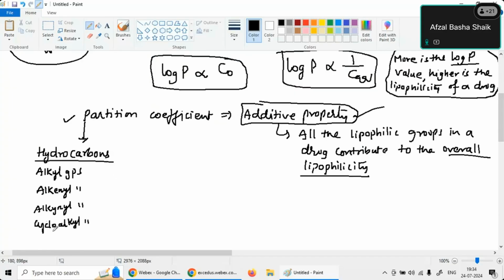Yes or no? Cycloalkenyl groups. Just now we have seen in griseofulvin, which contains a cyclohexene ring. Yes? Similarly, what are the other groups that will improve the lipophilicity of the molecule?